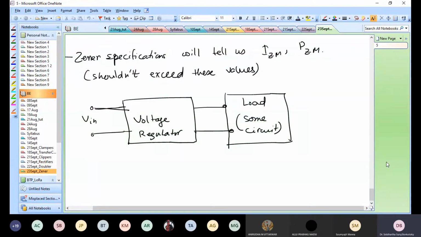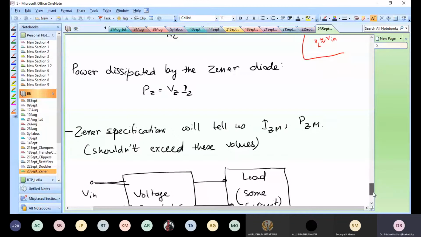Okay, so now let's come back to the question of Zener diode. Zener diode voltage regulator in particular. So we were discussing the voltage regulator. We said that voltage regulators are useful when we have a circuit where I want to supply a fixed voltage, or at least approximately fixed voltage. So a voltage regulator looks like this thing that you see on the screen.